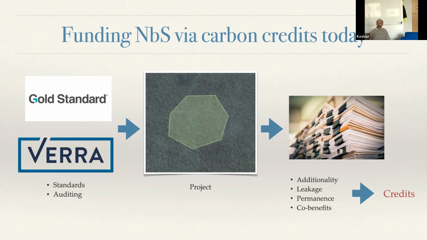And so somebody who's emitting carbon can buy this carbon ton from you and pay you money for it. Typically you get anywhere from $5 a ton to $1,000 a ton, depending on various things. But let's say you sequester 1,000 tons of carbon a year, you're getting a $5,000 a year income stream, which you can use to protect your forests. So that's basically how the carbon credit market works today.